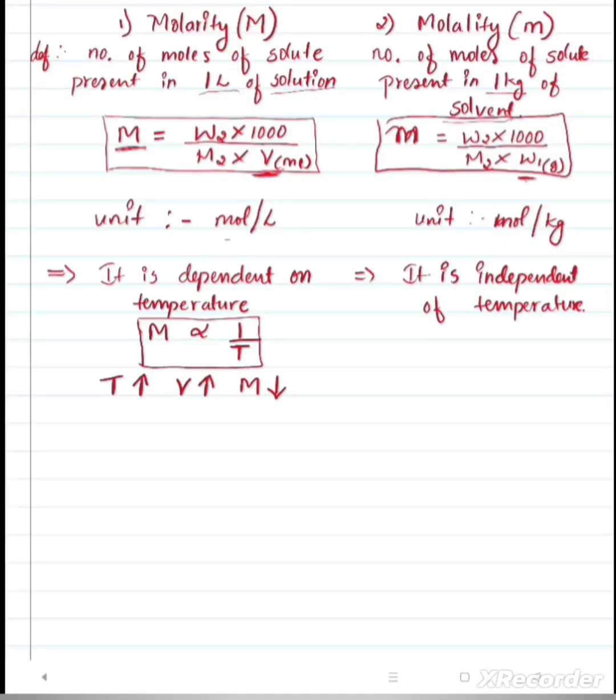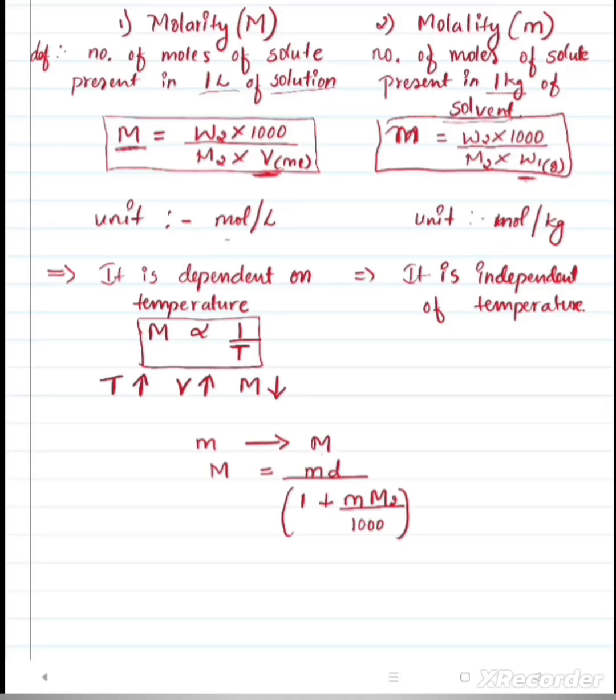To find molarity from molality, we should use this formula: M equals M d divided by 1 plus molality into molar mass of solute divided by 1000, where m is molality and d is density.